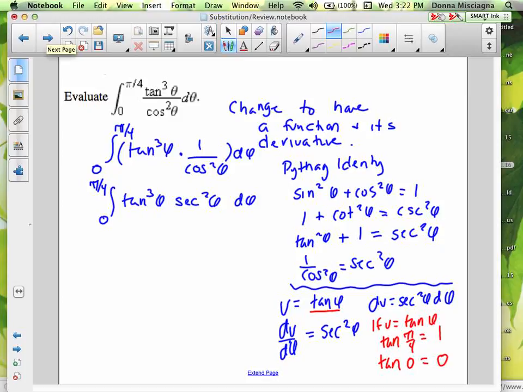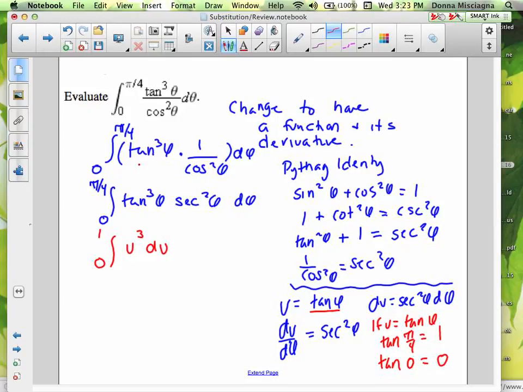All right, so now we're not changing back. We're changing the limits to 1 and 0, and I put them in the right place this time, right? Because we substituted pi fourths, we got 1. We substituted 0, we got 0. And so now we have u cubed du. Everything has been replaced, right?